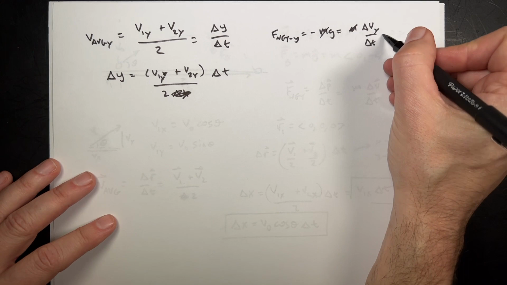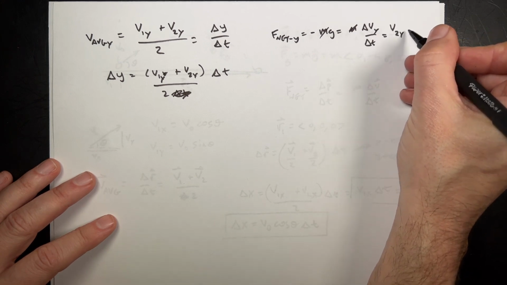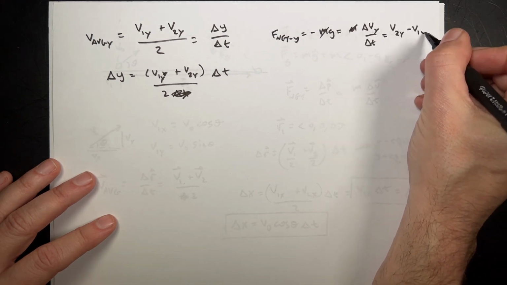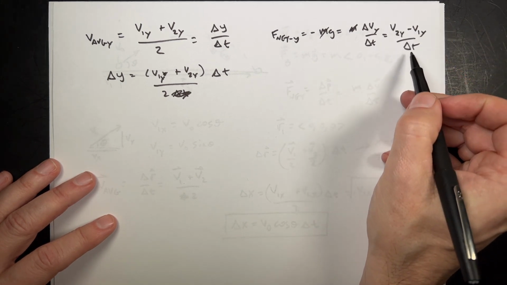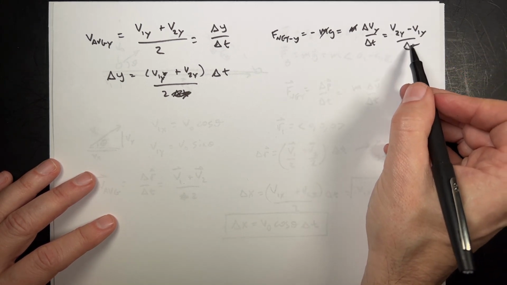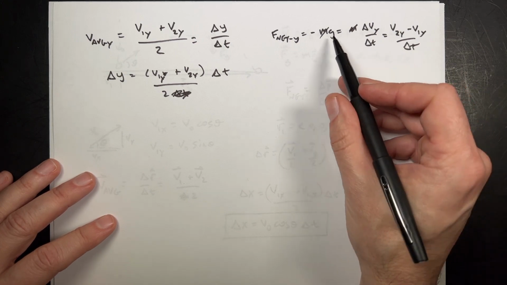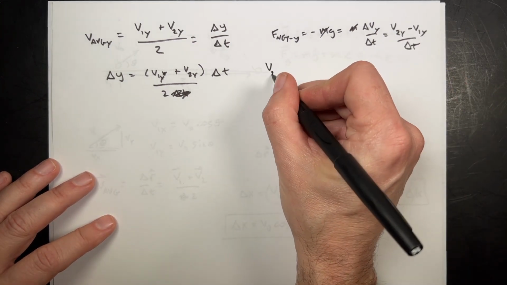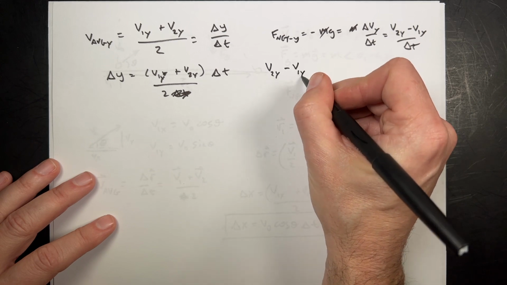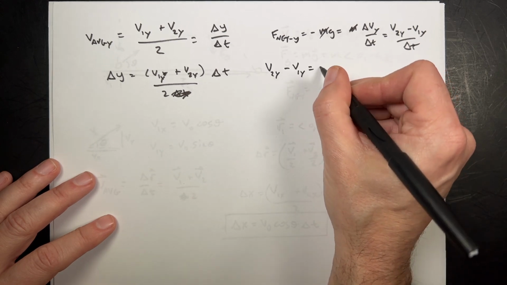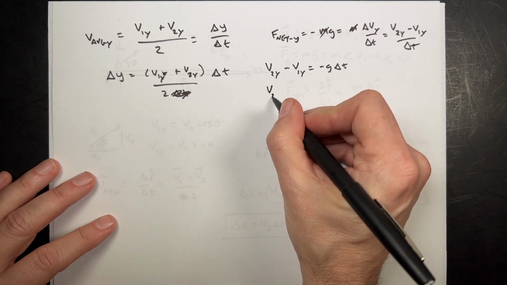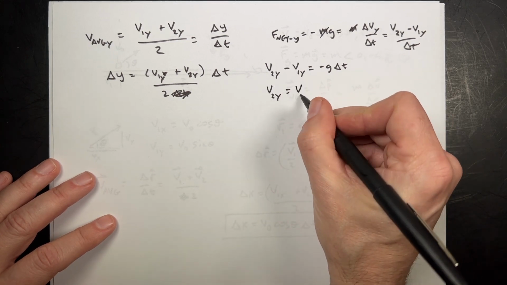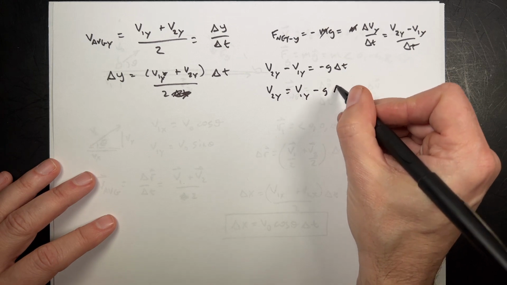And now I can write this as v2y minus v1y over delta t. It's the final velocity minus initial velocity divided by the time. Now I'm going to multiply both sides by delta t. I get v2y minus v1y equals negative g delta t. And I'm going to add this to both sides. So I get v2y, the final y velocity, is the initial y velocity minus g times delta t.